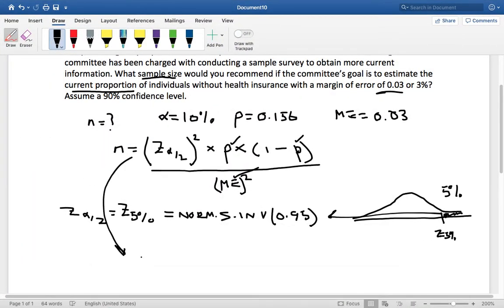So the sample size is going to be equal to 1.645 squared.